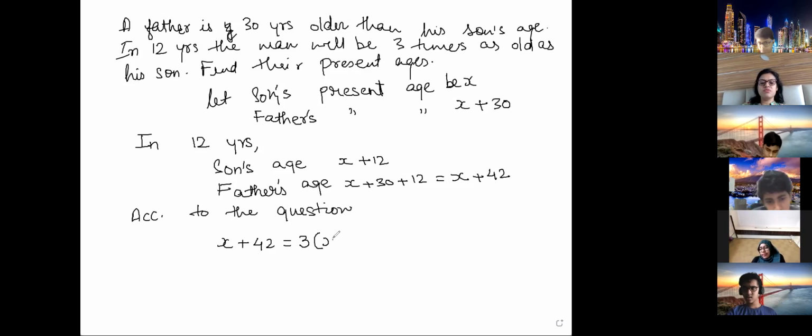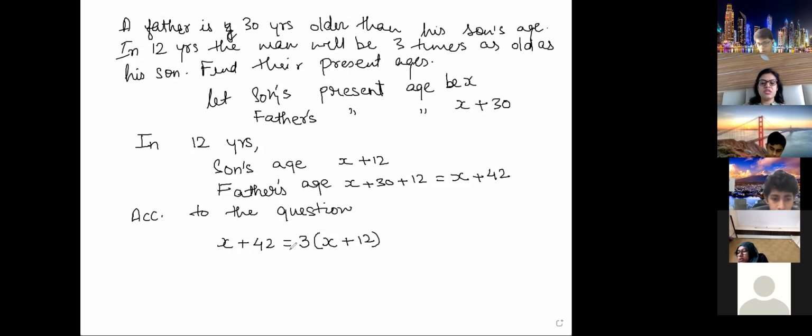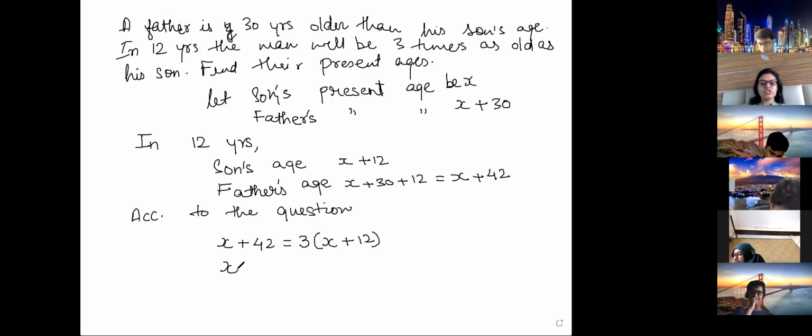So 3 times x plus 12. This is your equation. In 12 years, I have found the age according to my supposition, but according to the question, the father is 3 times as old as his son. So now you can solve this equation.